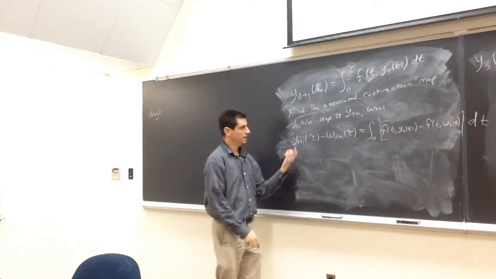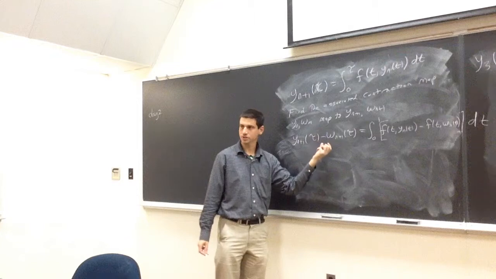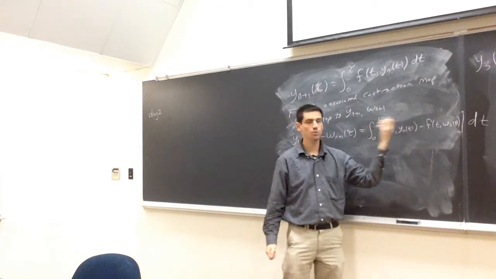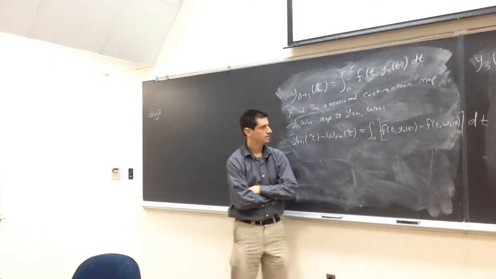So if I want to show that these get closer, I want to somehow show that the distance here is less than the distance between y_n and w_n.